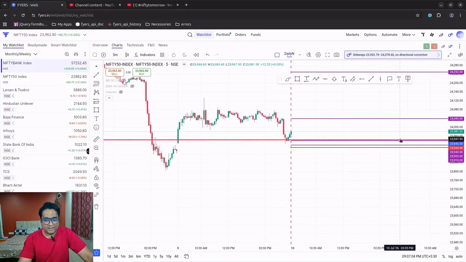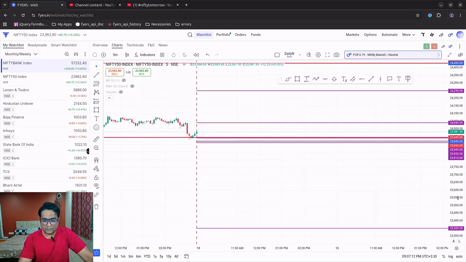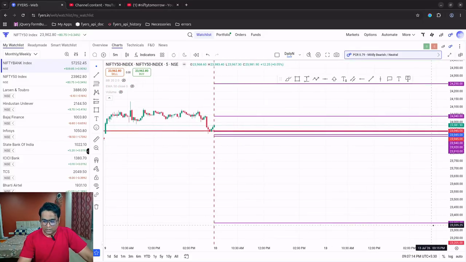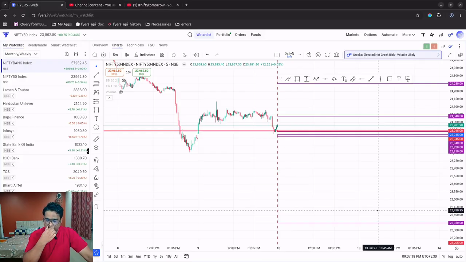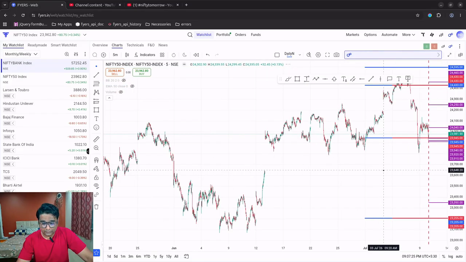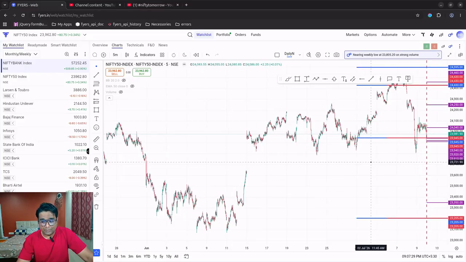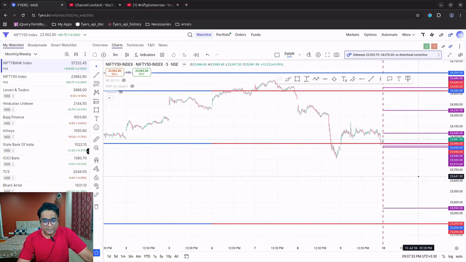If this weekly key level is breached, you can be sure the market will breach all three of these daily key levels along with that. Below we have 23,350. I don't have data for this, or there is a gap, I think that's why there is no data. Yes, right here there is a gap, so maybe the market will go to fill up that gap also.